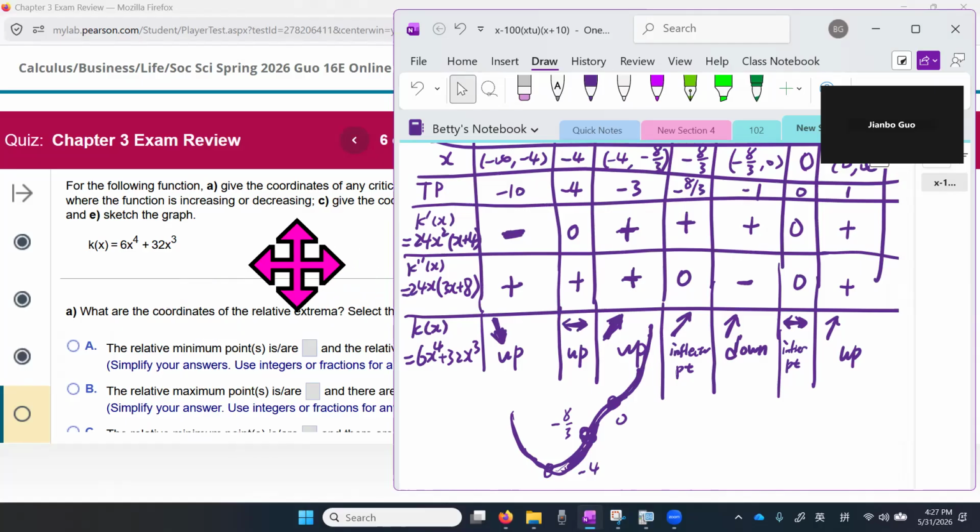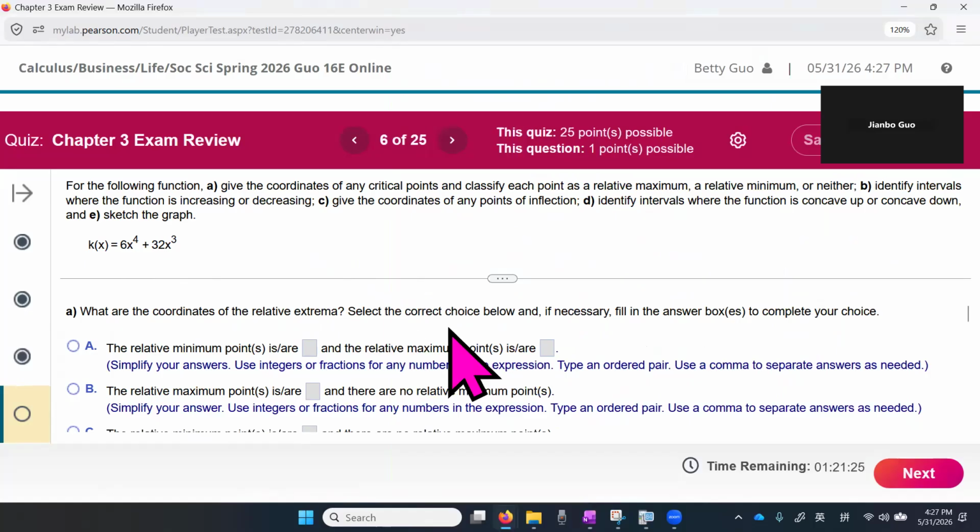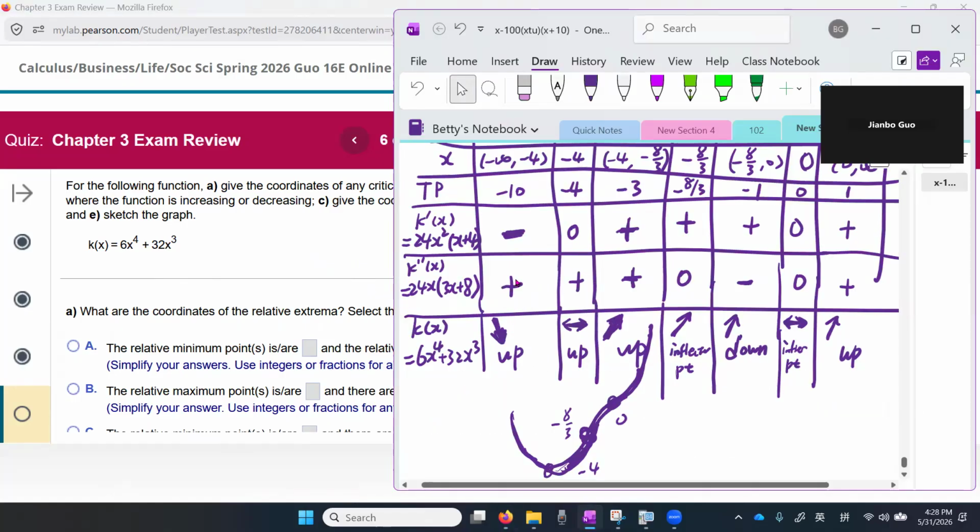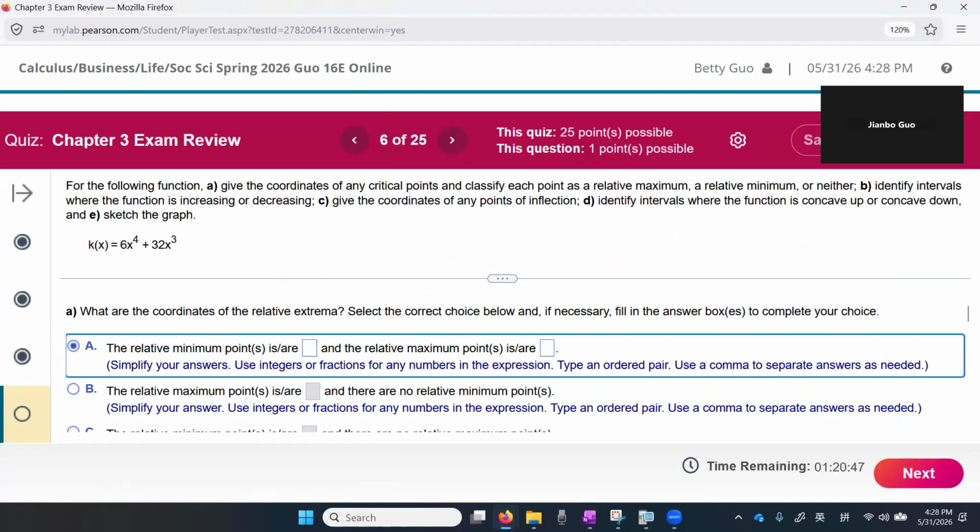Okay. Let's see if we are able to answer the question based on our chart. What are the coordinates of the relative extrema? Based on the chart, we have one relative extrema. The function has a relative minimum at negative 4.